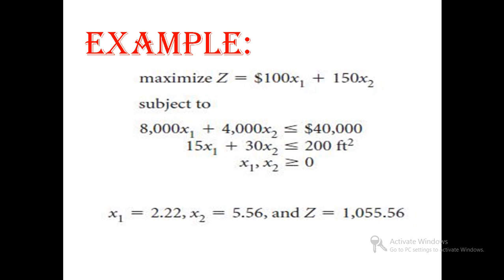For taking this example, I am going to show you how we can solve a linear programming problem using the branch and bound method. This is the conventional linear programming problem of two variables, x1 and x2.